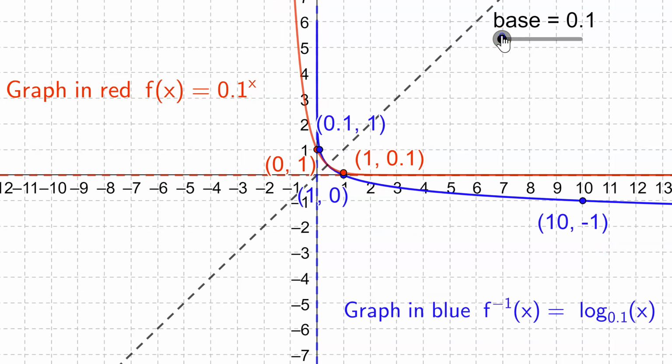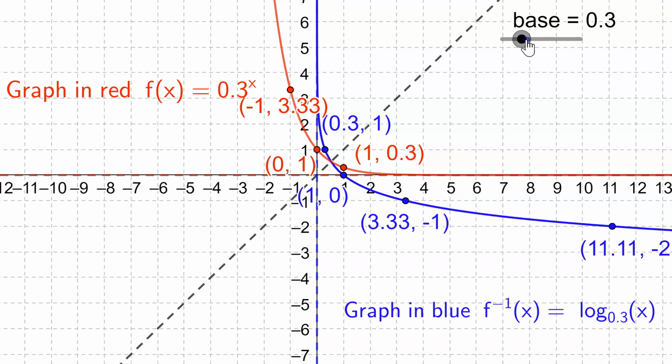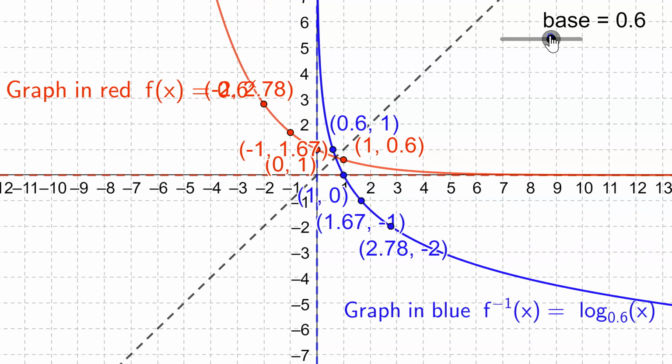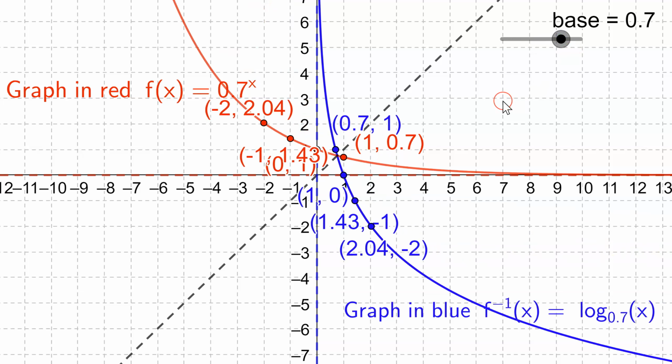And as you can see, in all these cases, I still have a decreasing parent graph, whether it's an exponential or logarithmic function. So in conclusion, if the base of my exponential or logarithmic function lies between 0 and 1, I get a decreasing parent graph, but if the base is bigger than 1, it will be an increasing parent graph.